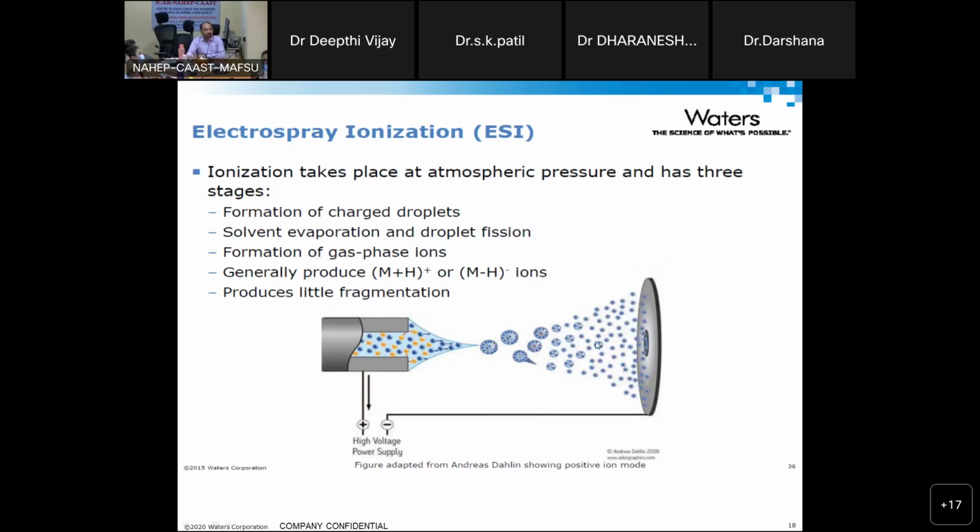These gas phase ions then pass to the mass analyzer, and then they move to the detector. Generally, electrospray generates M plus H or M minus H ions, based on the polarity which you have selected. There are two modes: positive ionization mode and negative ionization mode. In positive ionization mode, you would generate M plus H ions, and in negative ionization mode you would generate M minus H ions.